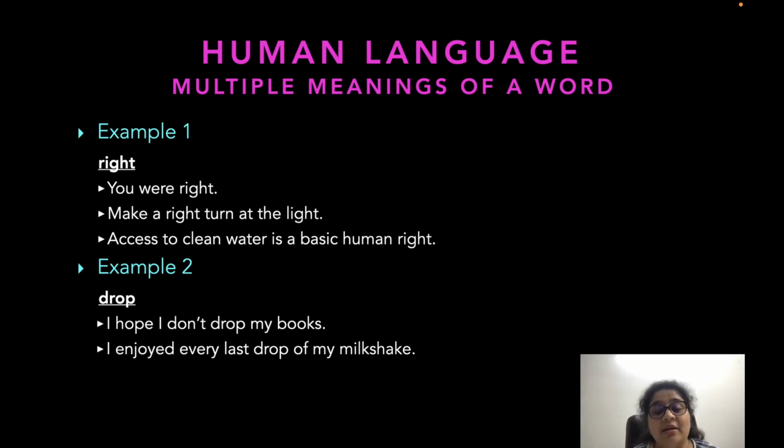It signifies a portion of the milkshake. So just one word can play different roles or symbolize different meanings in different contexts and sentences. It purely depends upon the context of the sentence or statement. Okay. So we'll move from here.